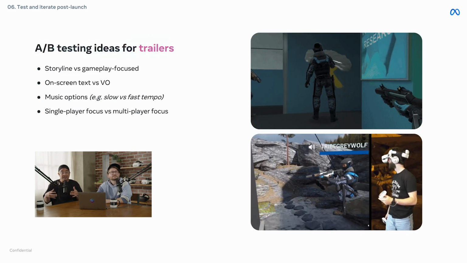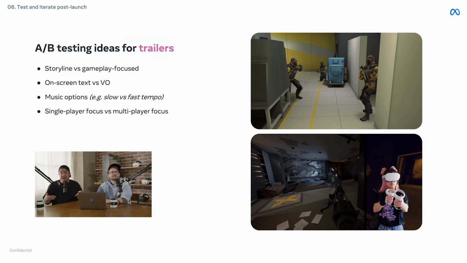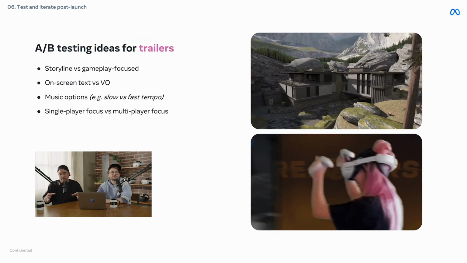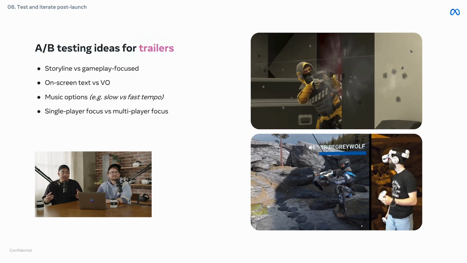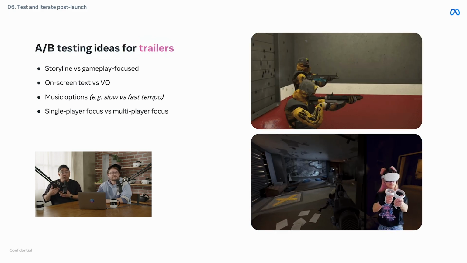Keep in mind, this doesn't have to be an entire re-edit. You can cut two versions that are identical, except for a single change. For example, starting with the storyline versus gameplay focus. One version opens on a 5-second narrative beat, maybe a text card that sets the world, before getting into the action. The other version skips that and drops straight into raw gameplay.